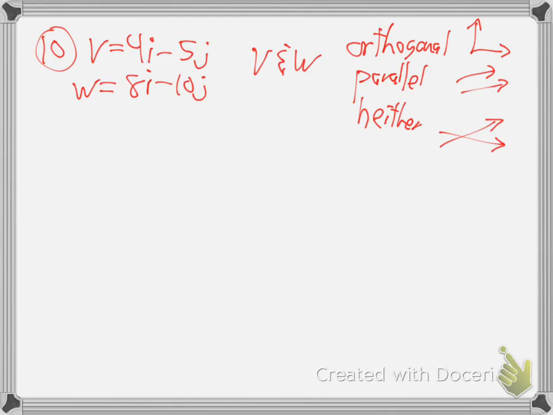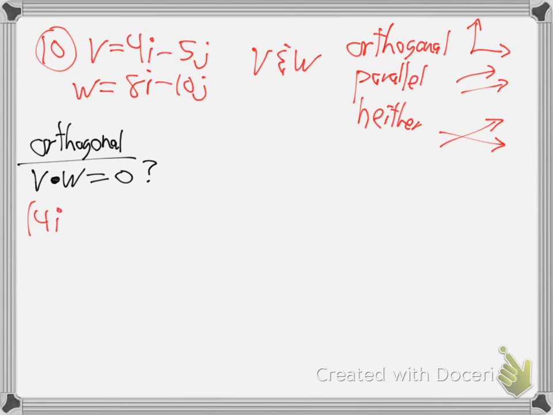So first off, how do we test if those two vectors are orthogonal? We have a different test for each one. So orthogonal, we just did it. That's dot product 0, right? If the dot product is 0, they're orthogonal. So I'm going to take v dot w equals 0. Does it equal 0? That's the question. So let's take vector v, 4i minus 5j dotted with vector w, 8i minus 10j, and that equals what?